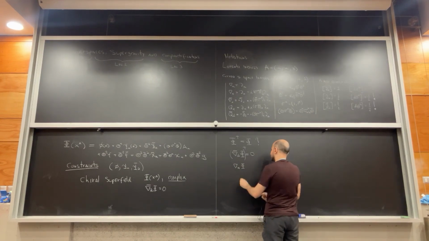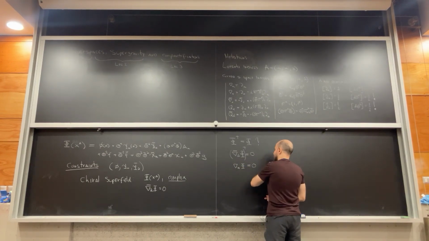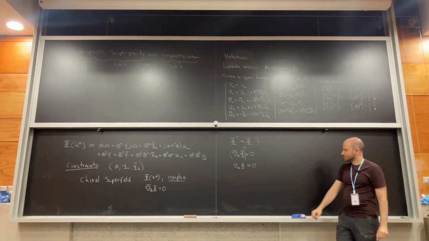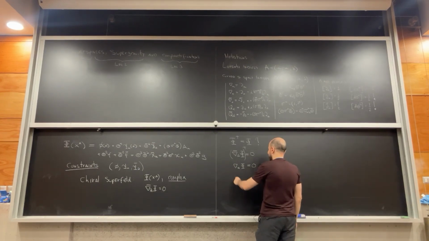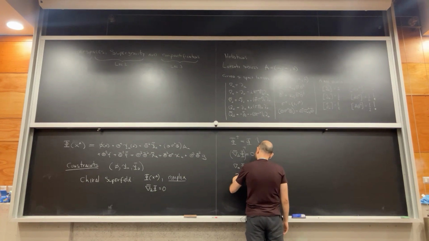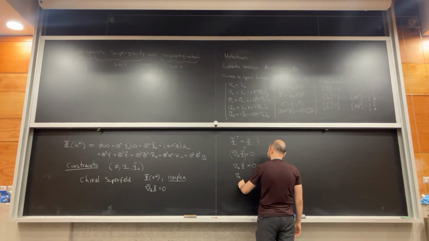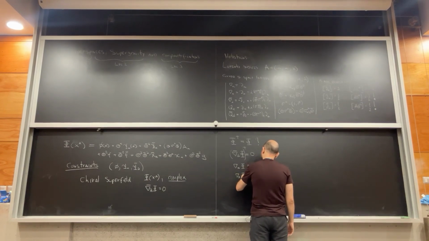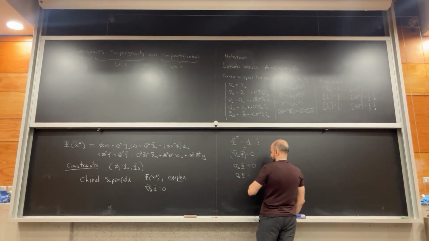So if phi is real, this is 0 too. Why is that a problem? Because now I have these two conditions on phi. So I have that nabla alpha bar phi is equal to 0, and nabla alpha phi is equal to 0.